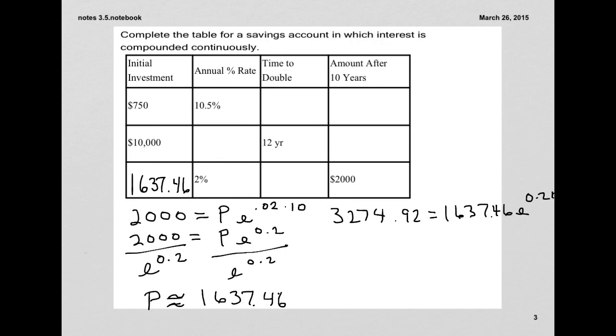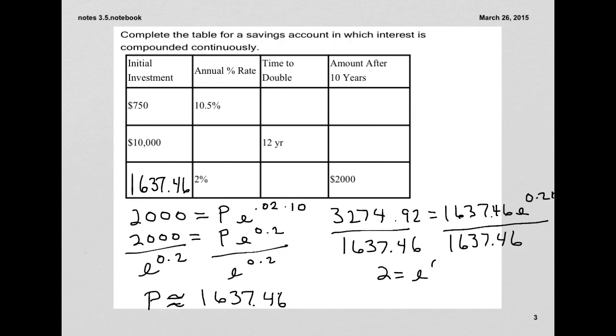Okay, I divide both sides by 1637.46. That gives me 2 equals e to the 0.02t. I think I made a mistake. That's 2%. Up here that was 20%, so I need another 0 in there. There. Now I'm just ready to do the ln of both sides.